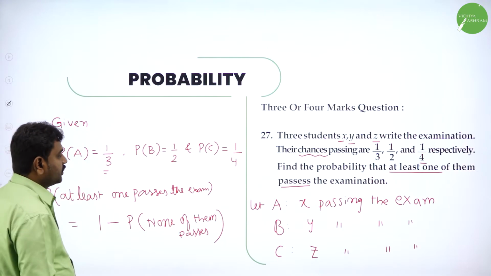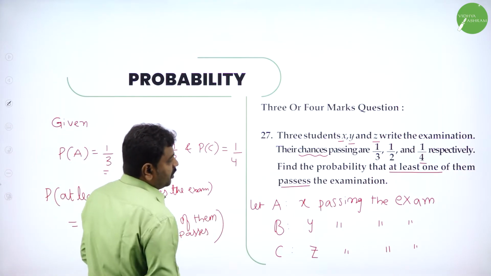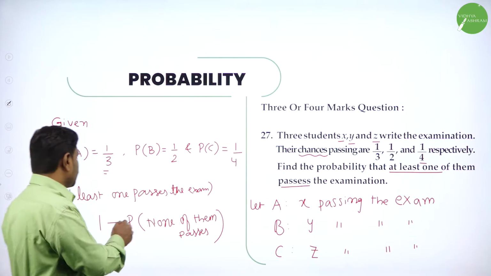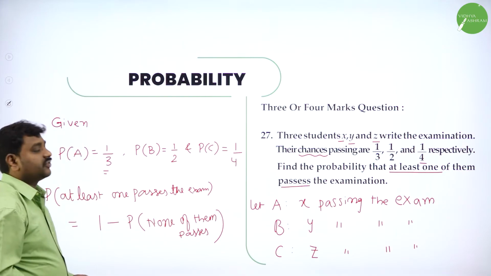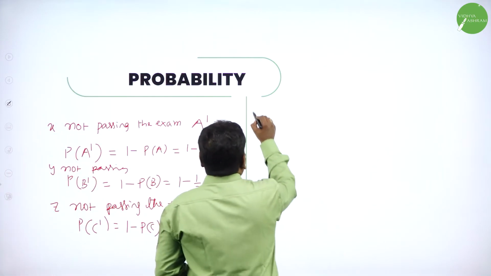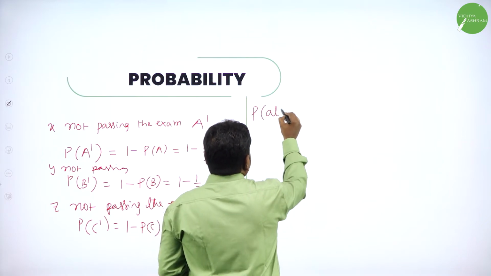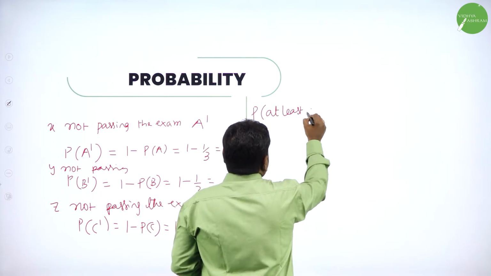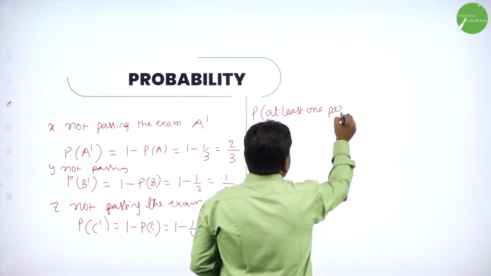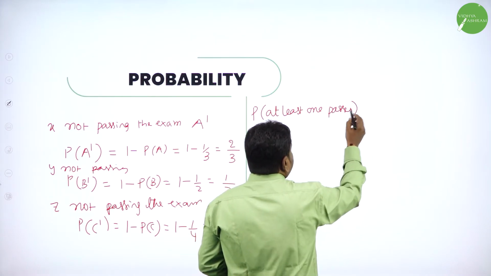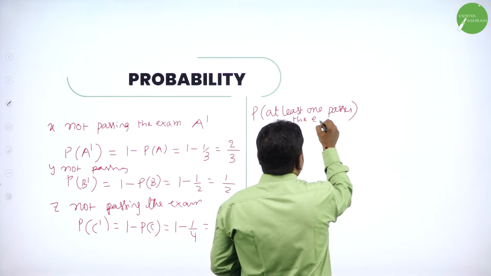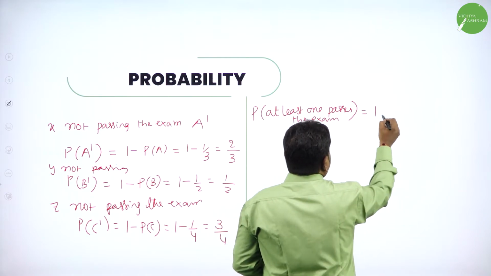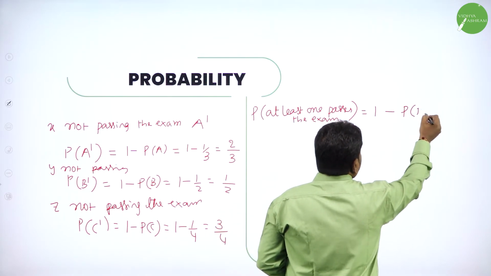Now they gave none of them passing the exam. Probability that at least one passing. At least one passing means total minus none of them passing. So the probability of at least one passing the exam is equal to 1, the total probability, minus P of none passes the exam.